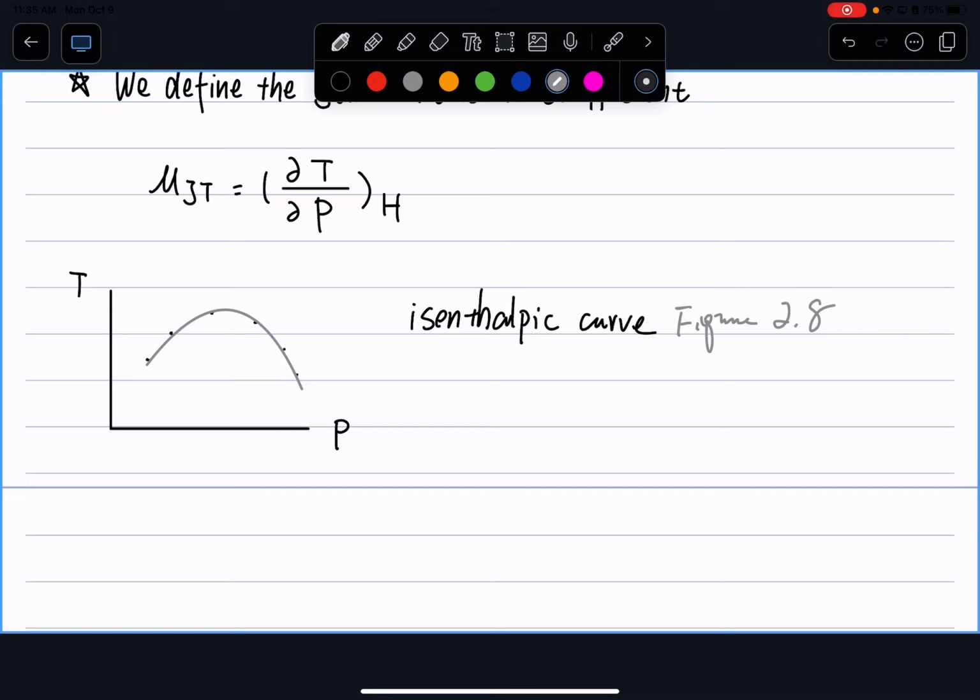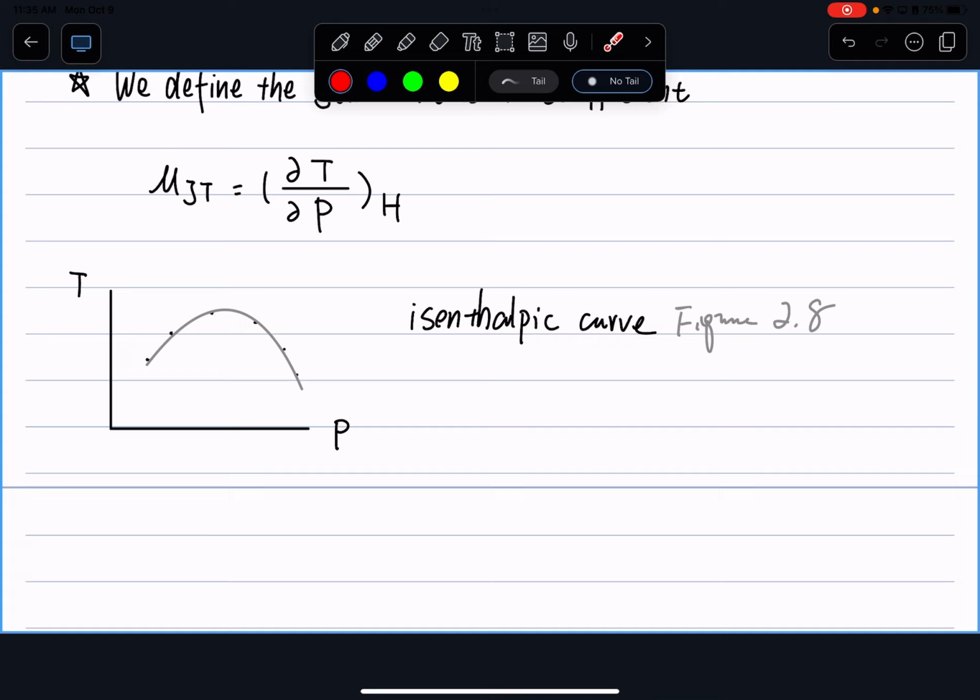Now, what we want is the Joule-Thomson coefficient, which is a partial derivative, in this case always at constant enthalpy. So we're just looking for the slope at every point on this curve.